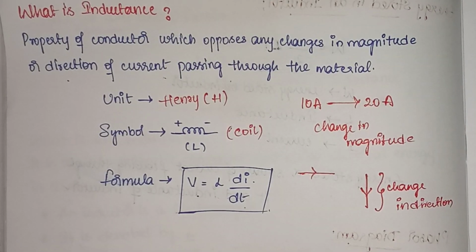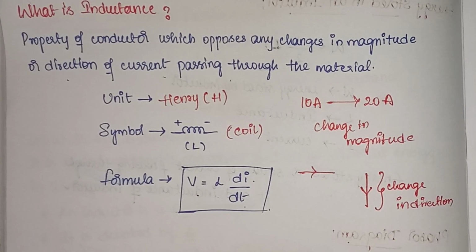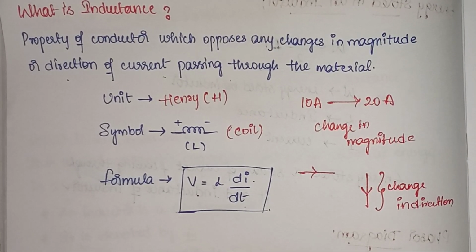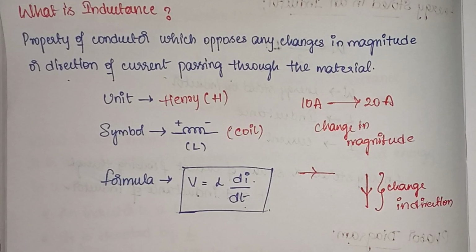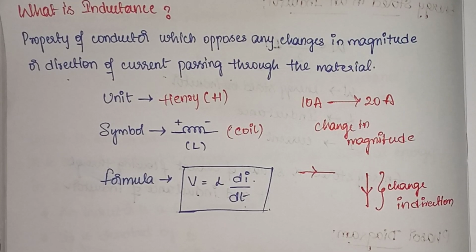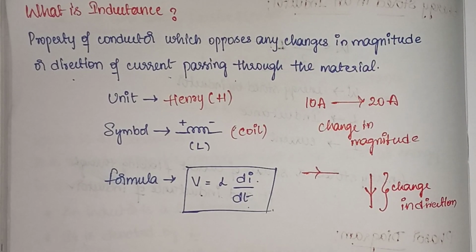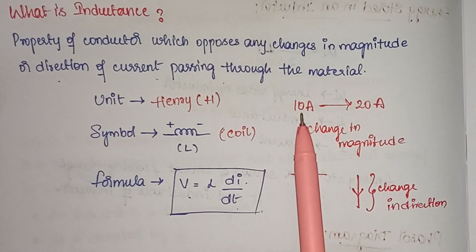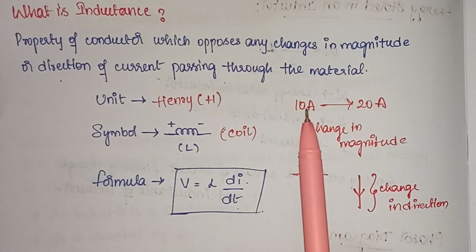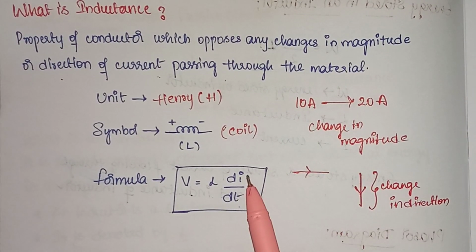So what is inductance? It is the property of conductor. What is conductor? Which allows the passage of electricity is called a conductor. And this property of conductor opposes any changes in magnitude. So what is meant by change in magnitude? Suppose I am having 10 amperes of current flowing through the given material and suddenly it changed to 20 ampere.